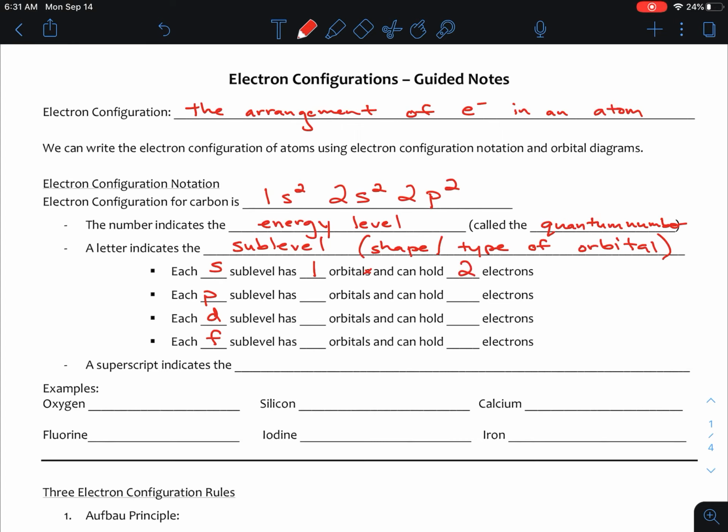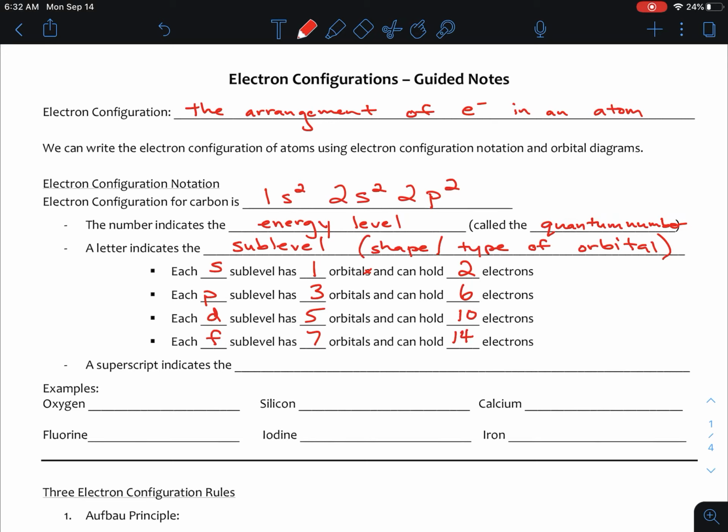Each P sublevel has 3 orbitals and can hold 6 electrons. Each D sublevel has 5 orbitals, and so how many electrons? 10. And each F sublevel has 7 orbitals and can hold 14 electrons.